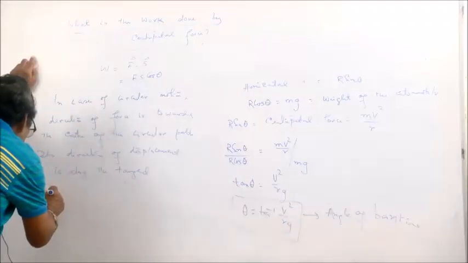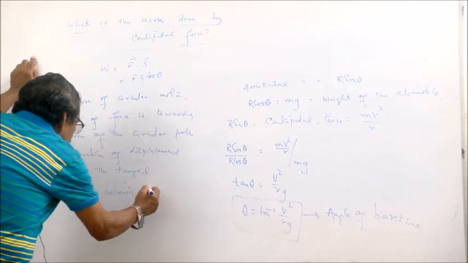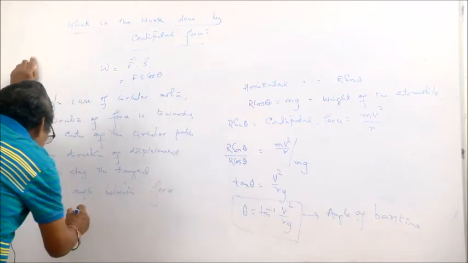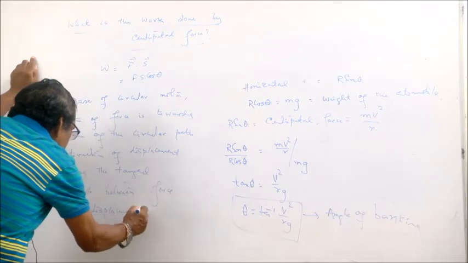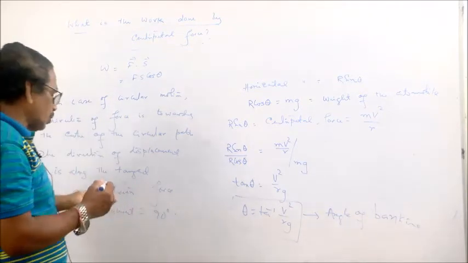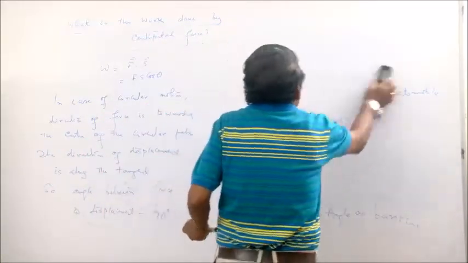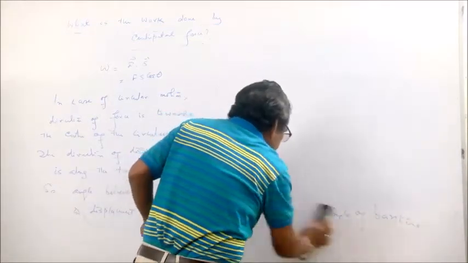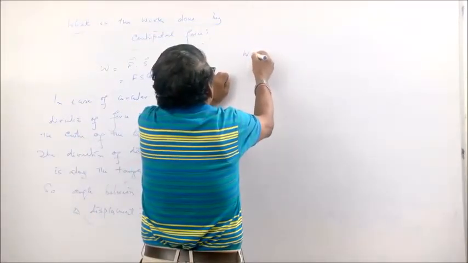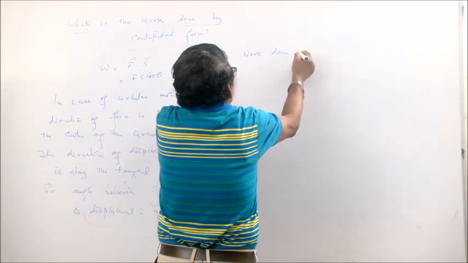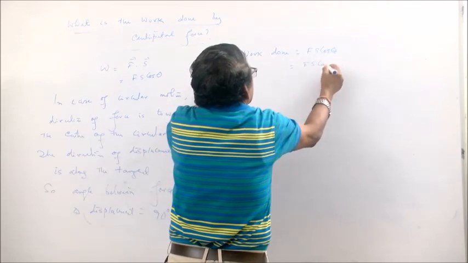When the angle between force and displacement is 90 degrees, what is the work done? Work done is equal to Fs cos theta, that is equal to Fs cos 90.